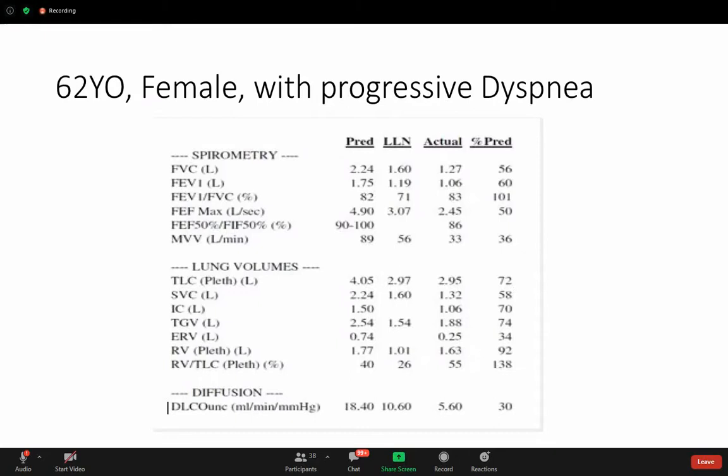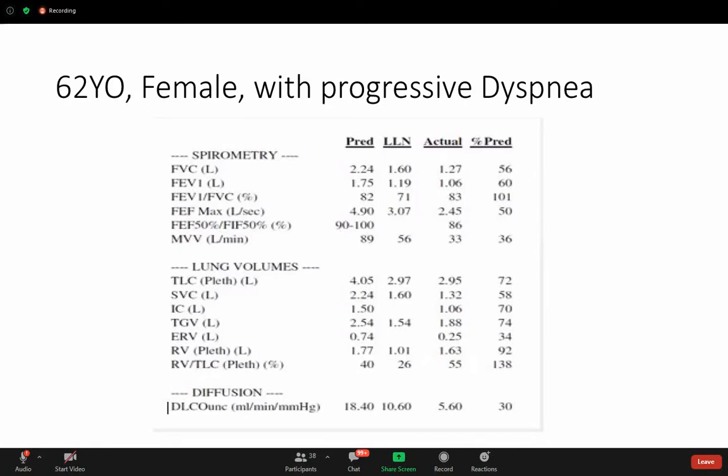So we found out that a ratio is normal. She has reduced vital capacity, reduced TLC. What's next? Okay, DLCO. So her DLCO is 30% of predicted. So it's reduced also.